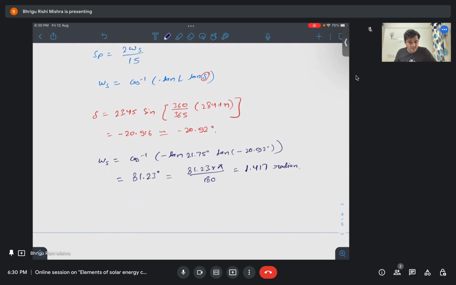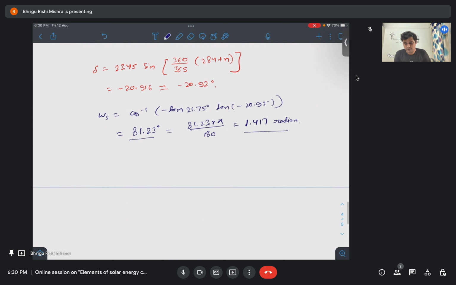So we can use omega s in degree, and we also need it in radian, so we have calculated both.